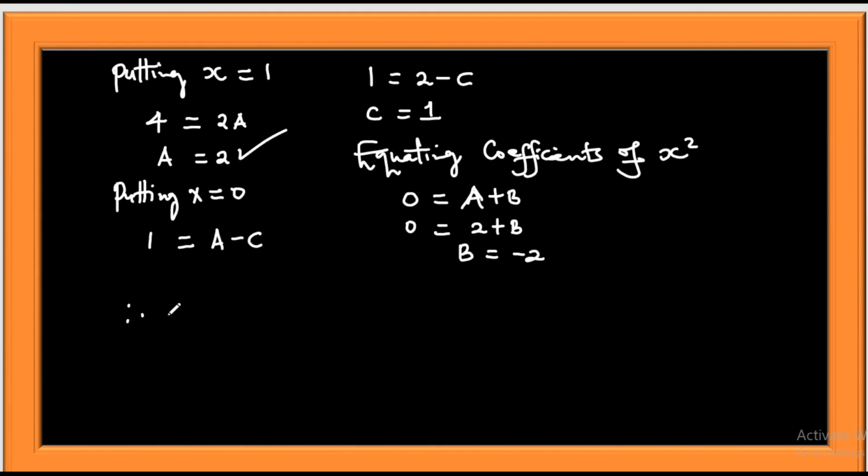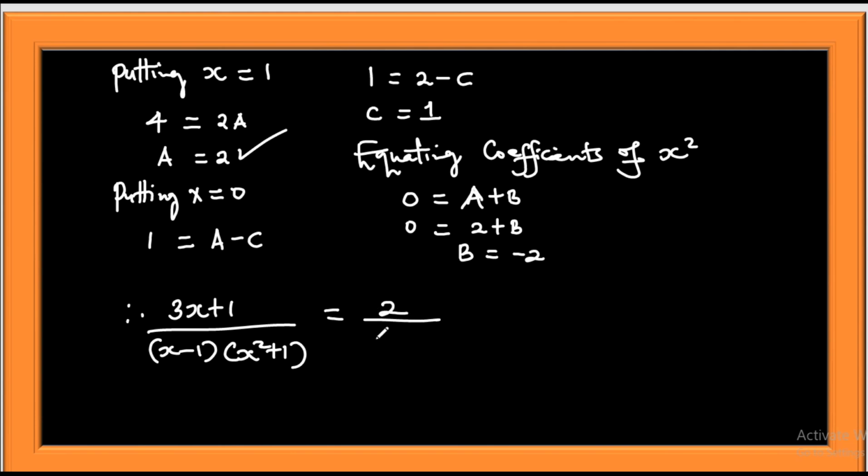So we can now say that 3x plus 1 divided by x minus 1 into brackets x squared plus 1 is actually equal to our a, which we got as 2, divided by x minus 1, plus, it is supposed to be bx, so it is going to be minus 2x, plus c, but the value of c is clearly seen as 1, divided by x squared plus 1.